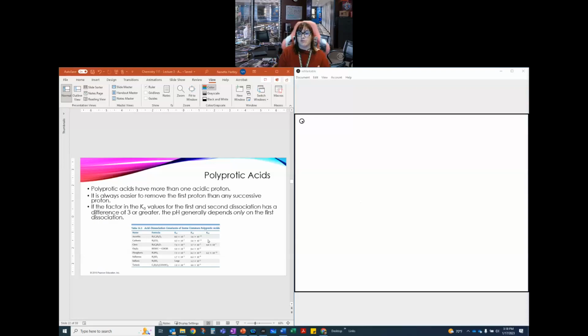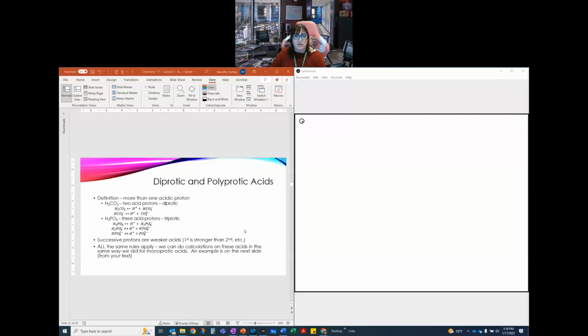So we have a Ka for the first loss of proton, second loss of proton, and for H3PO4, a third loss of protons. Each one of them has a different contribution of H plus to that solution. And that's all based on the situation that exists. Is it possible to solve for that and find everything that you need to do? Yeah, absolutely it is. We'll talk about that in a second.